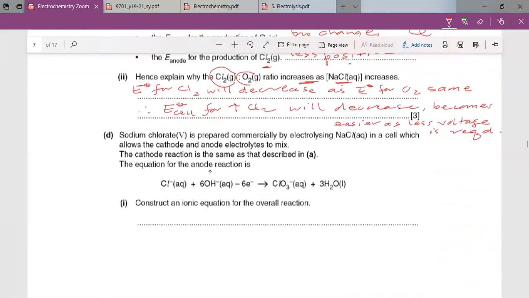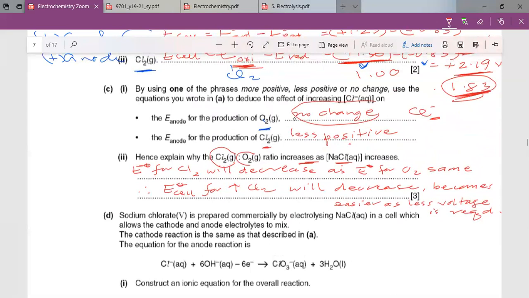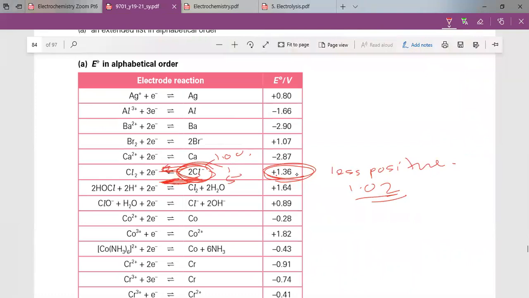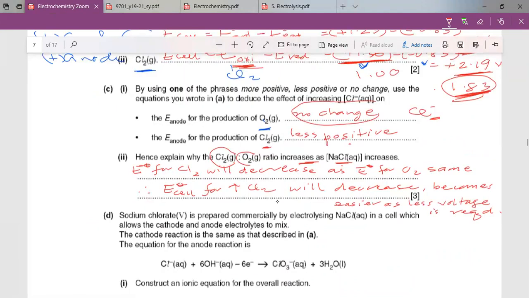Now, how do you put it in words? The electric potential for Cl2 will decrease, because less positive. You quote the original E naught values, will decrease. And the potential for O2 remains the same because the Cl minus does not affect it.